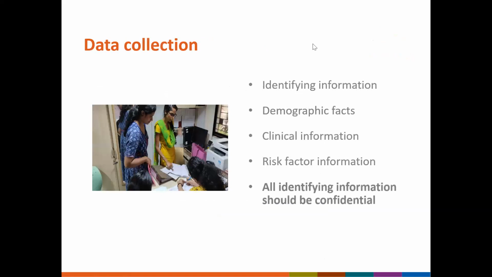So coming to the data collection, identifying information, demographic facts, clinical information, and risk factor information are very, very important. All the identifying information you get from these patients is confidential, because demographic details and clinical information are confidential, and you have to maintain utmost confidentiality. Always try to code the patient names, encrypt the names, and then manage a list.